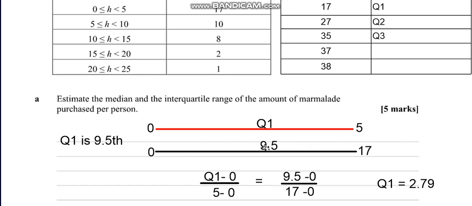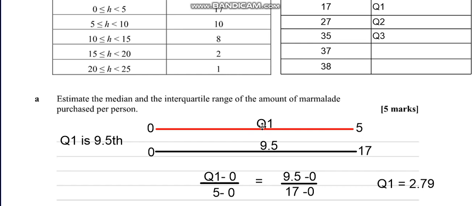And I'm looking for the 9.5th, so it's slightly over halfway. So I've put it about here, and that's my quartile. So I'm looking at, if the 17th piece of data was 5, what was the 9.5th piece of data? So we're looking probably around 2.6, 2.7, maybe slightly higher, because we know it's slightly above halfway.